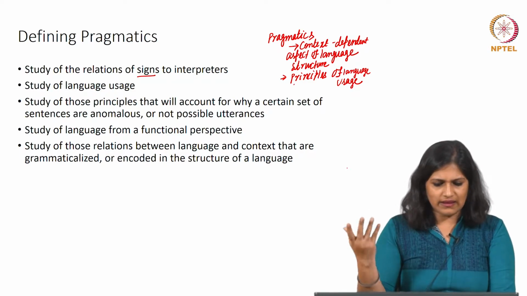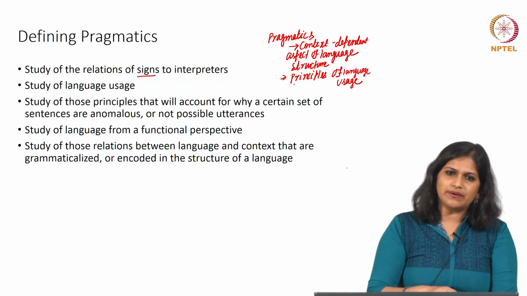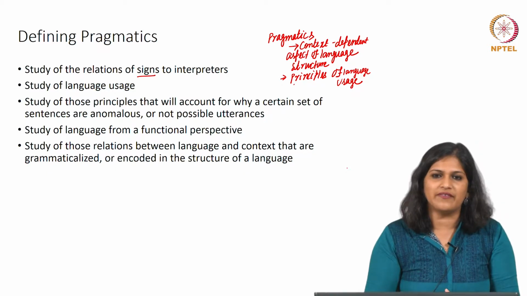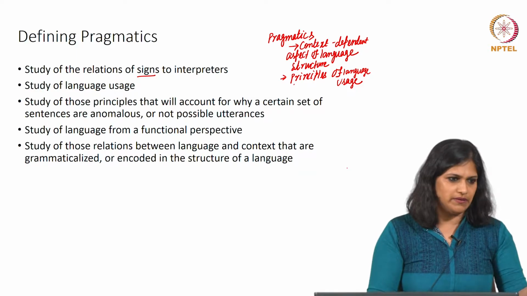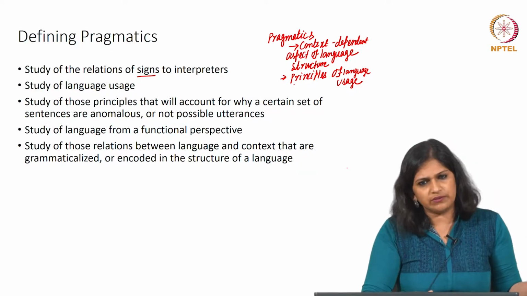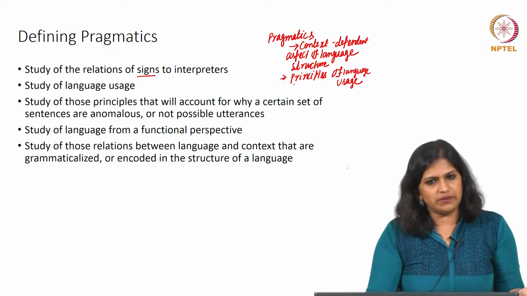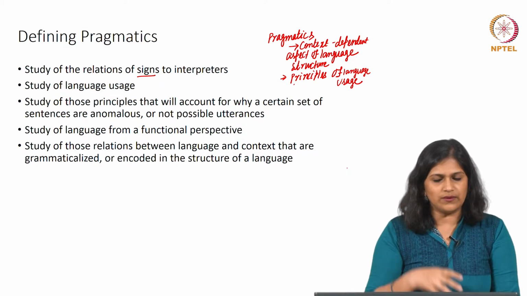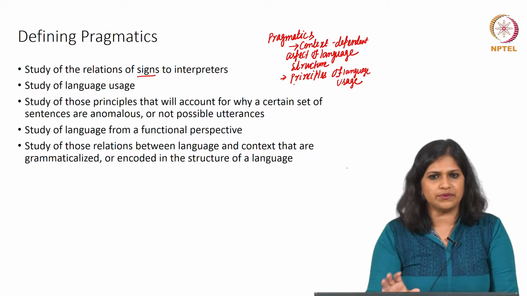It could be anything. When you say pragmatics is the study of language from a functional perspective, it could be functional, let us say morphology could be functional, phonology could be functional. So, what is so special about pragmatics, and why should pragmatics be treated as a separate discipline?